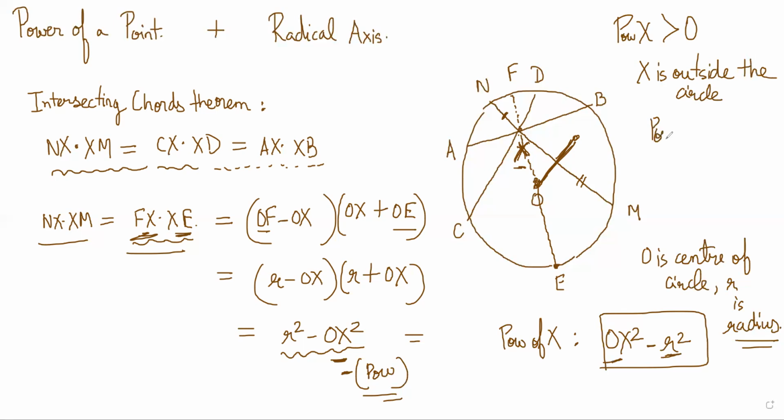And if the power of a point X is equal to 0, it is on the circle. This definition will turn out to be useful because we will use it to prove certain other results.